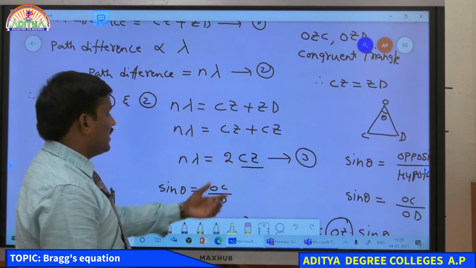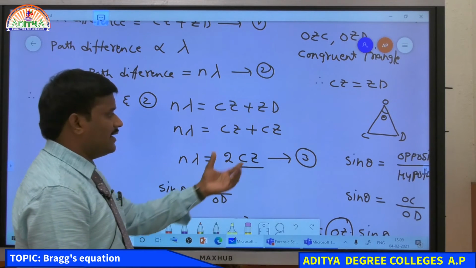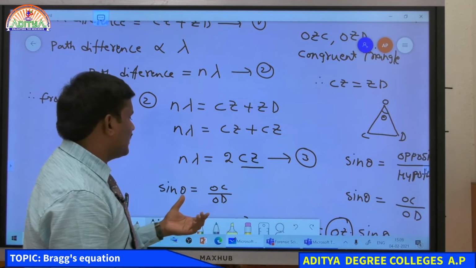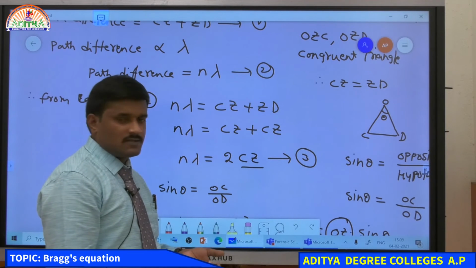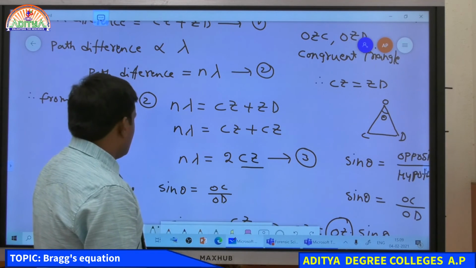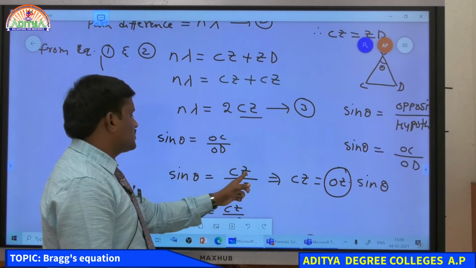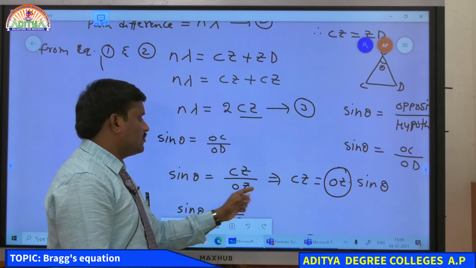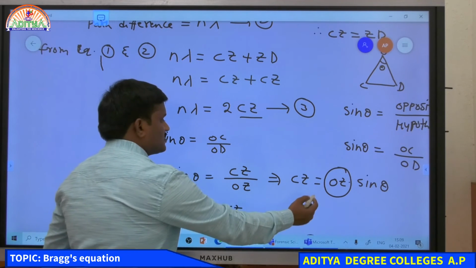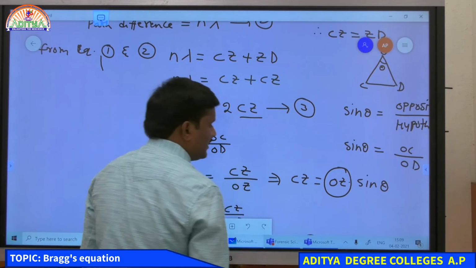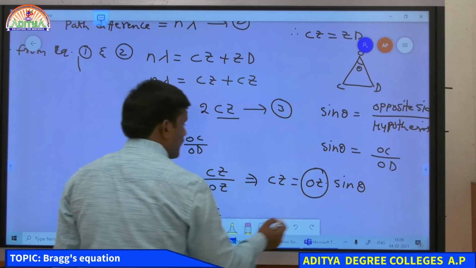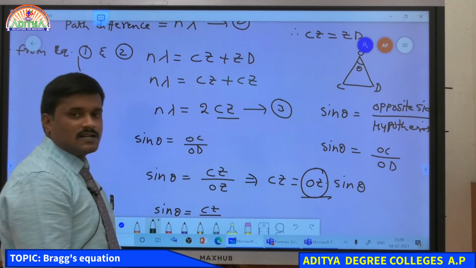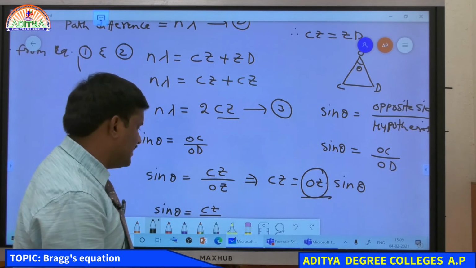So for that I consider sin theta at the incident angle. From that triangle, sin theta is equal to opposite side by hypotenuse. The opposite side is equal to Cz and the hypotenuse is equal to OZ. So Cz is equal to OZ into sin theta, where OZ is nothing but the distance between the two successive layers, that is taken as d.